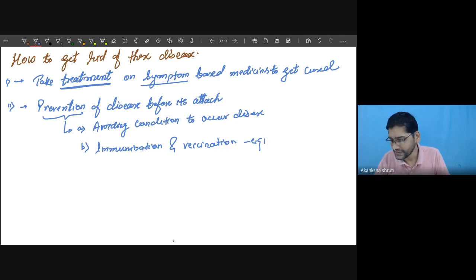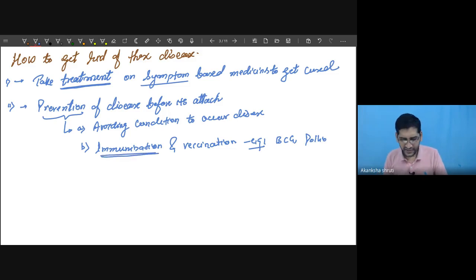For example, BCG or polio vaccines or immunization are given to the newly born baby or to children for protection throughout their life, so that polio or this BCG bacteria or disease should not occur. Getting it, students? So immunization and vaccination are the methods of prevention.